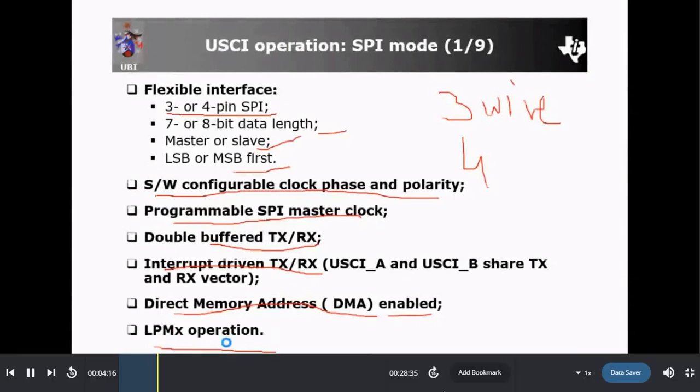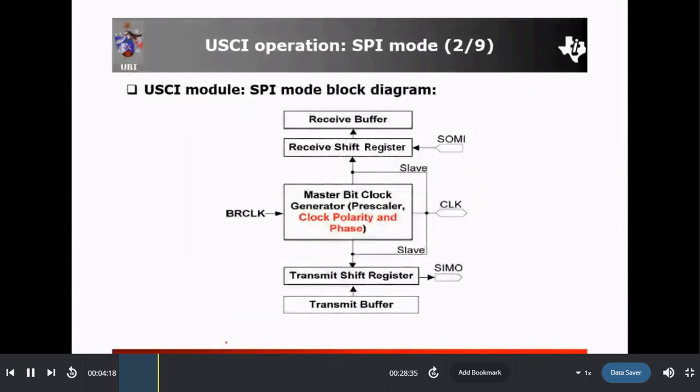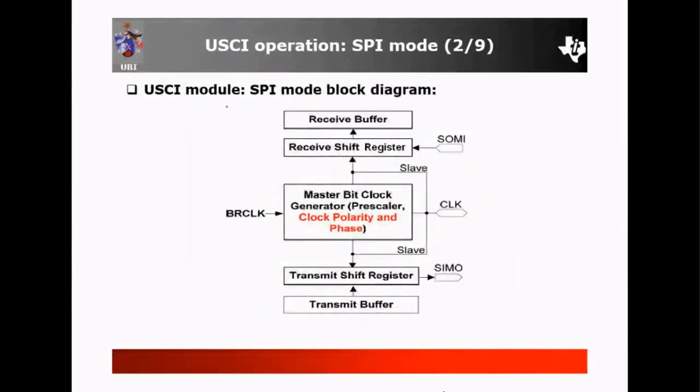So now come to the block diagram of the USCI module, the SPI mode block diagram. Now you can see that the rest of these 5 blocks are the same as in the USCI operation in UART mode: receiver buffer, receiver shift register, transmitter shift register, transmitter buffer.